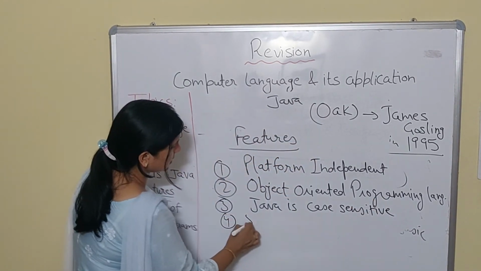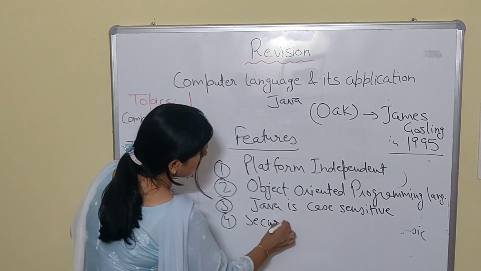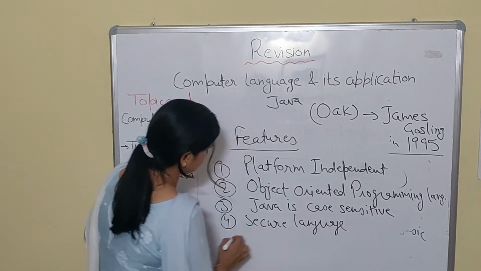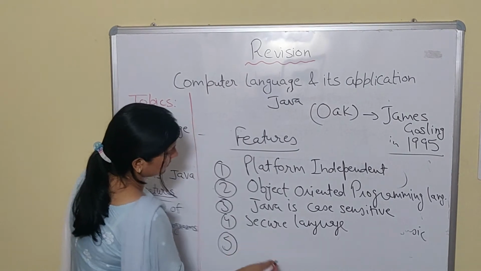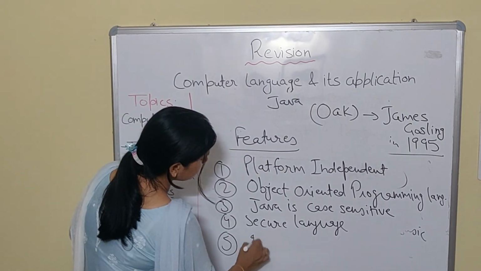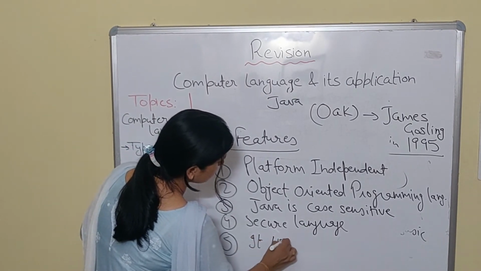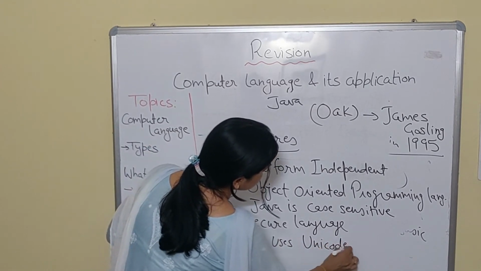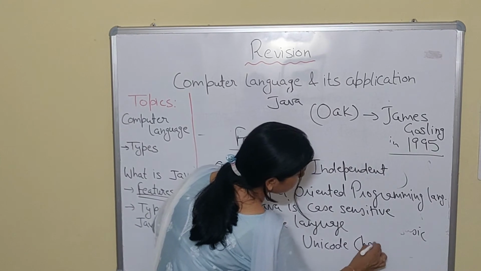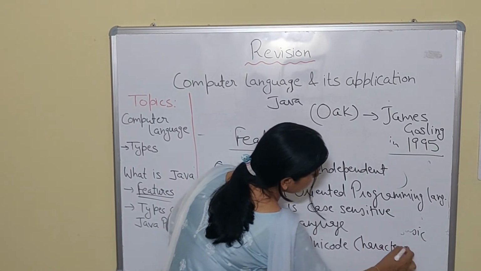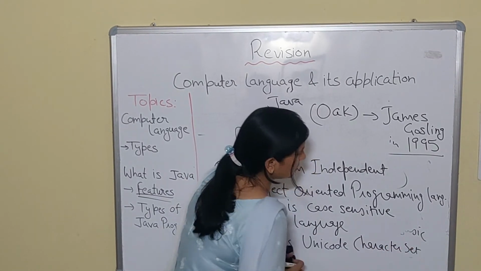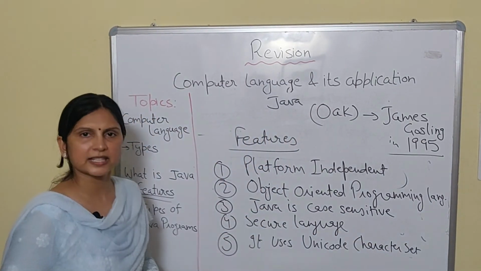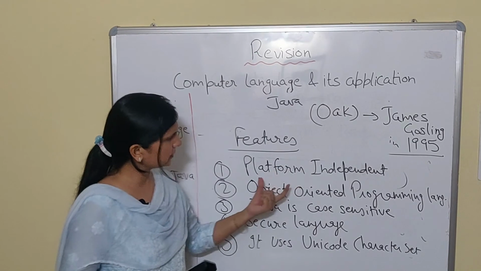Fourth one, Java is a secure language. Java uses Unicode character set. Now these are the main features of Java. So first one, just now we have discussed under Vora, the same thing is this.